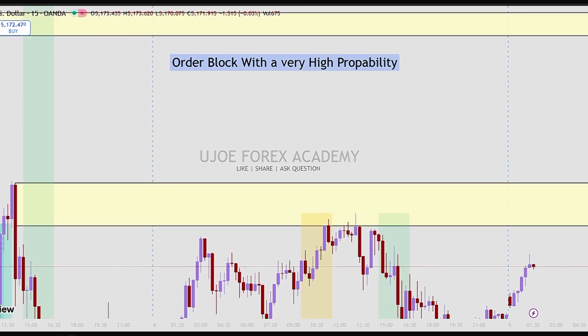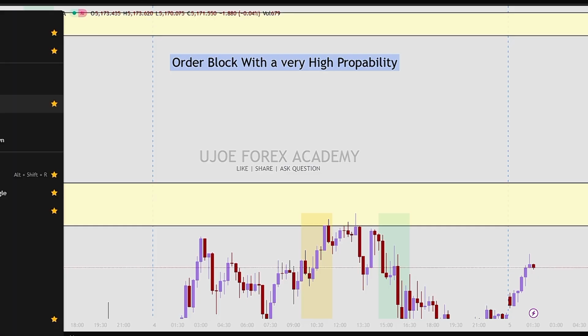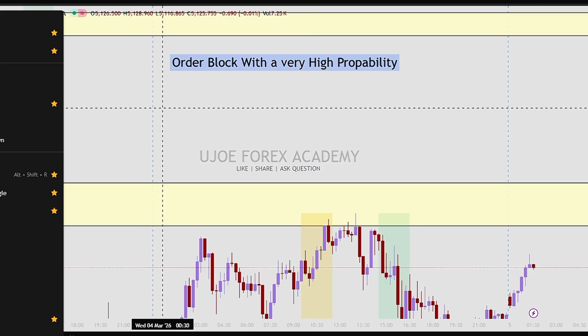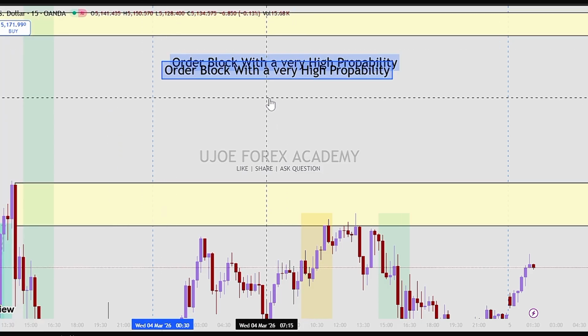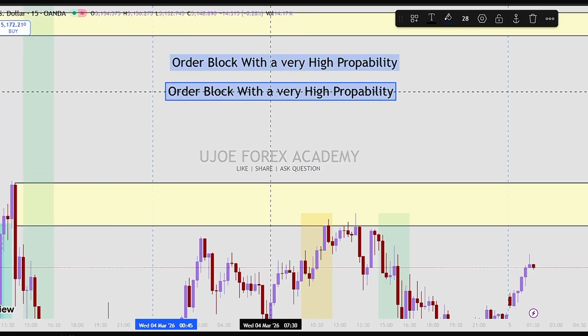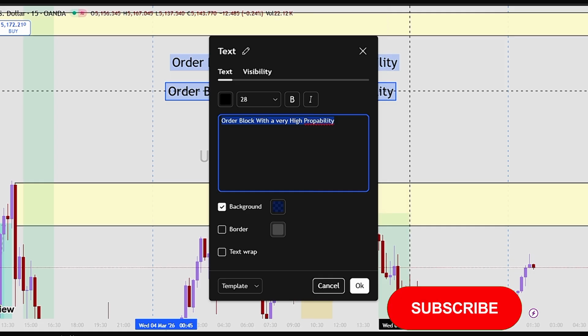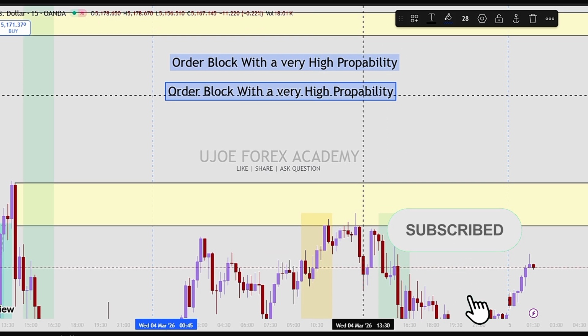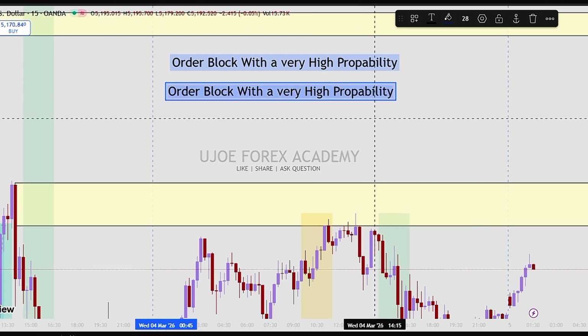Now, when you want to identify a very high probability order block, there are some things you need to look at. First off, that order block in itself needs to have a change of character, or change in state of delivery.